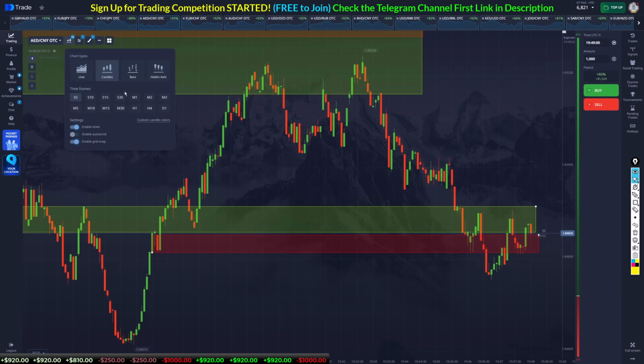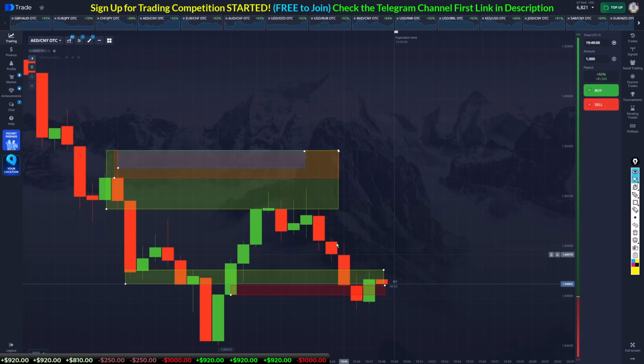Now, if I go back to 1 minute, you'll see that the candle approaching this is this candle, right? If I was entering exactly when the candle was touching it, it would close slightly above, or at least it would give back the money, right? It would be a draw.